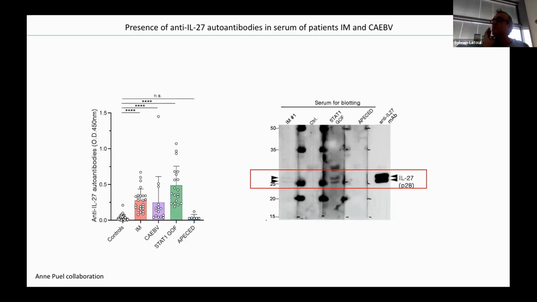So therefore, we thought that maybe neutralizing antibodies could exist, particularly in individuals who develop sporadic infectious pneumococcal disease, while these individuals are considered to be healthy and well.